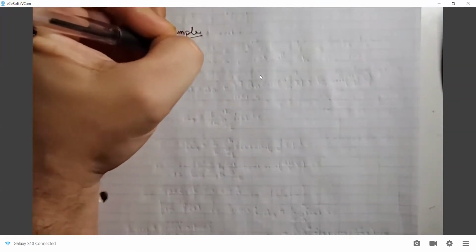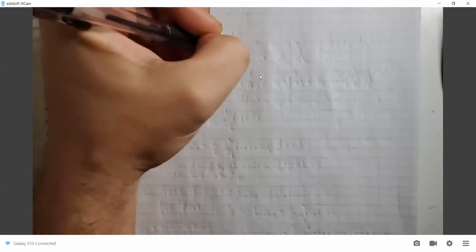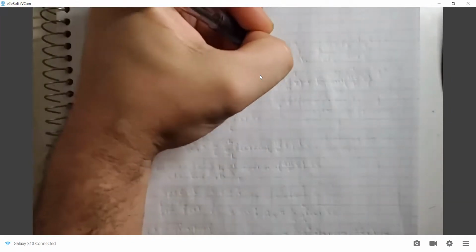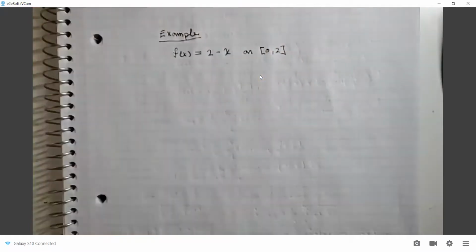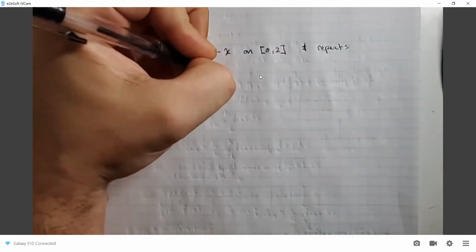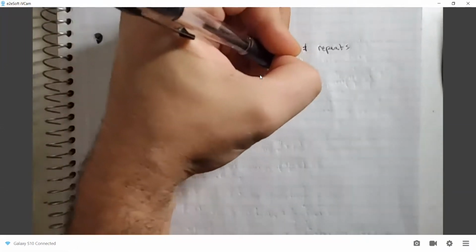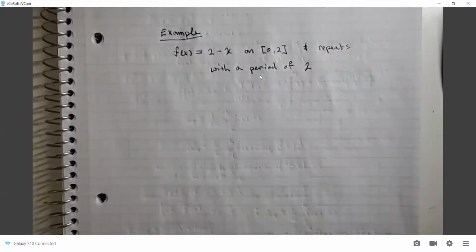So let's say f of x is equal to, I don't know, 2 minus x on the interval 0 to 2, and repeats with a period of 2. Okay, so here's my f of x.